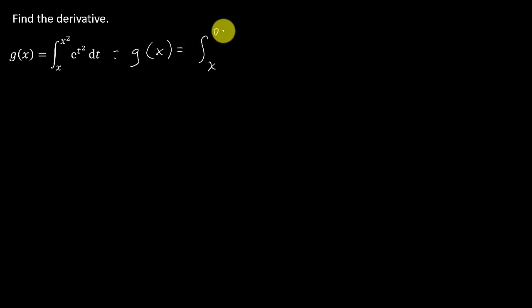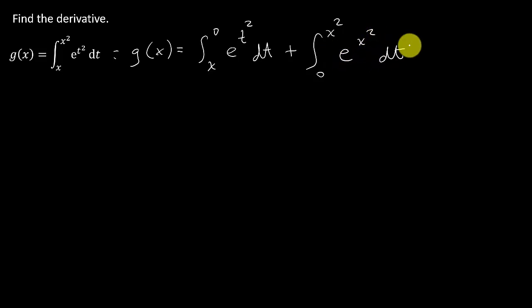I'm just going to pick 0, it doesn't matter, of e to the t squared dt, plus, and then I'm going to go from 0 to x squared of e to the t squared dt.